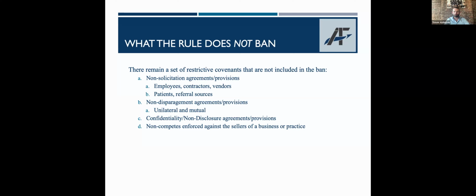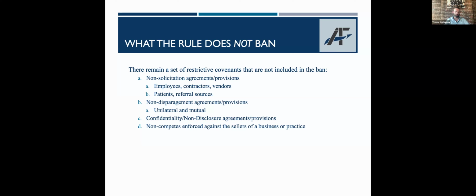Also, non-disparagement provisions, those aren't being touched, whether they're unilateral or mutual. Most of the time they're mutual, but those can still be in employment agreements or shareholder agreements or operating agreements. And then confidentiality or non-disclosure agreements, same thing applies. Okay, they are enforceable. You can enter into them, but as you're designing these, you need to keep in mind that the breadth at which the restriction applies is now going to be suspect, right?